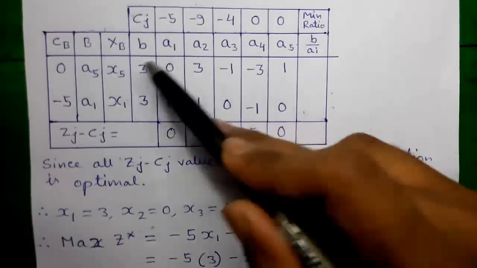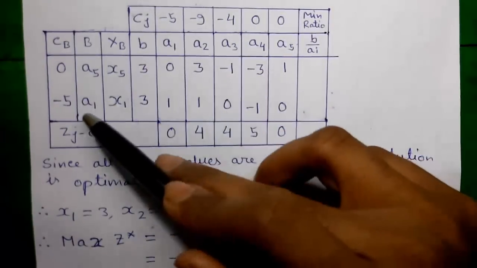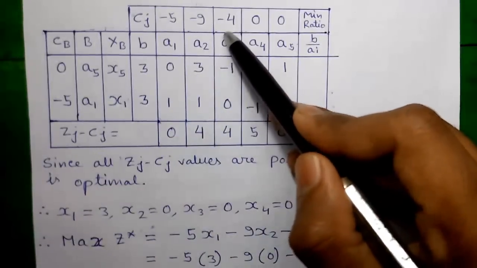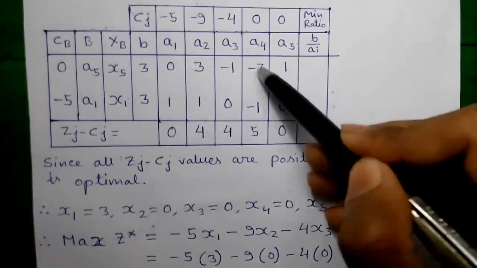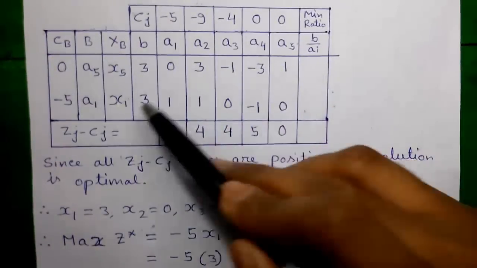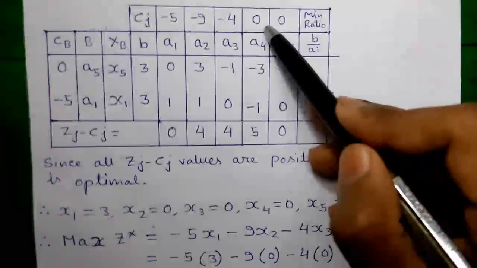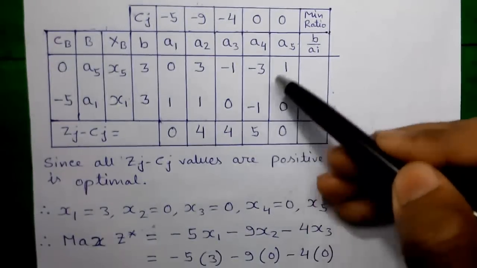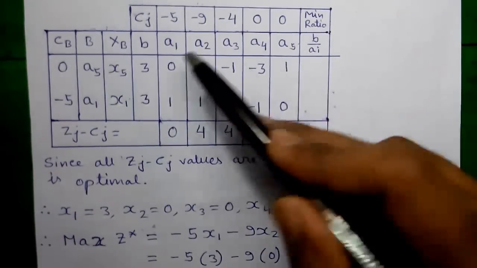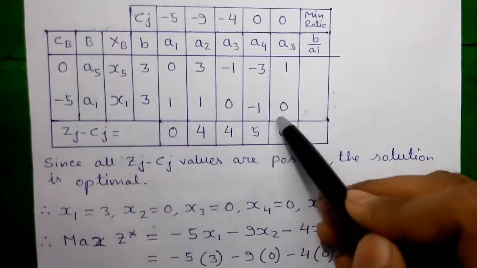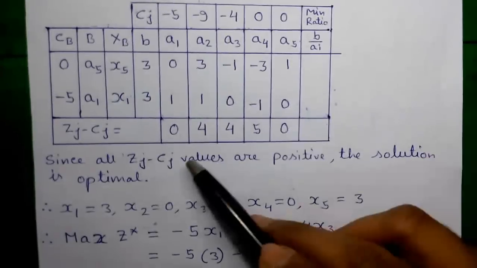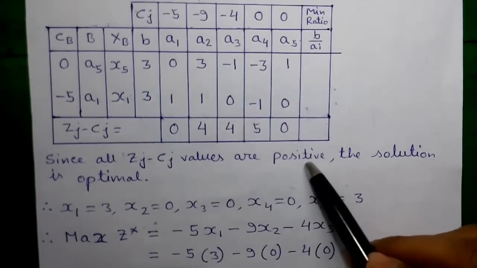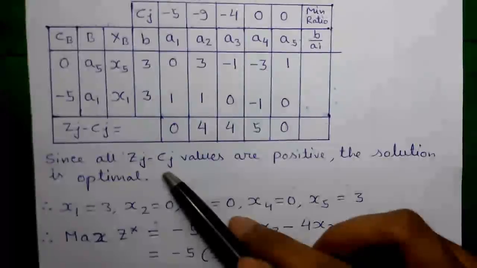So for A3, minus 1 into 0 plus 0 into minus 5, minus of minus 4, that equals plus 4. And for A4, minus 3 into 0 plus minus 1 into minus 5, minus 0, that's plus 5. And for A5, 1 into 0 plus 0 into minus 5, minus 0, that equals 0. So since all Zj minus Cj values are non-negative, the solution is optimal.